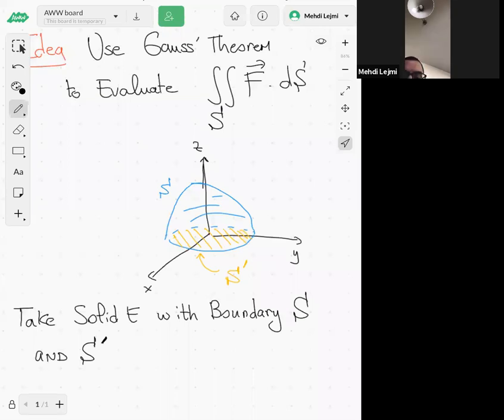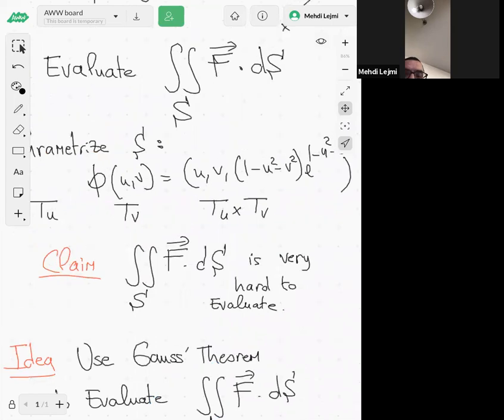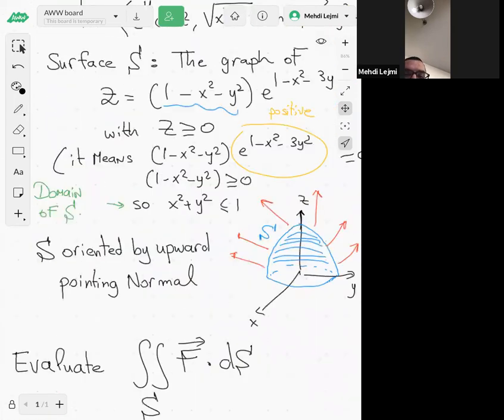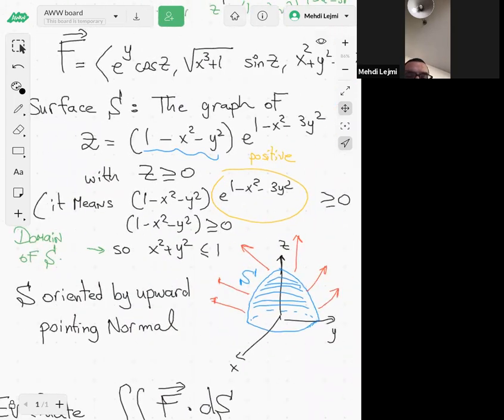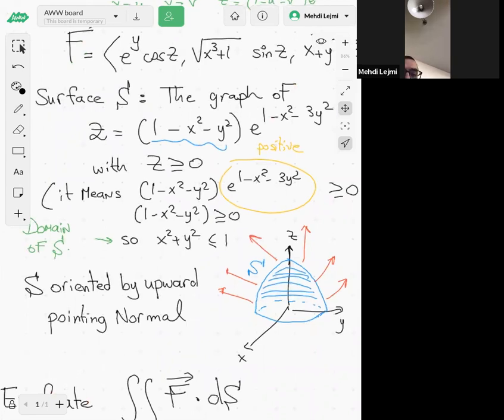Okay, so what's S prime? S prime is where z is 0. It comes back to the graph of my function. If z is 0, of course, exponential is never 0. Exponential is always positive. So if you say z is 0, it means that 1 minus x squared minus y squared is 0.